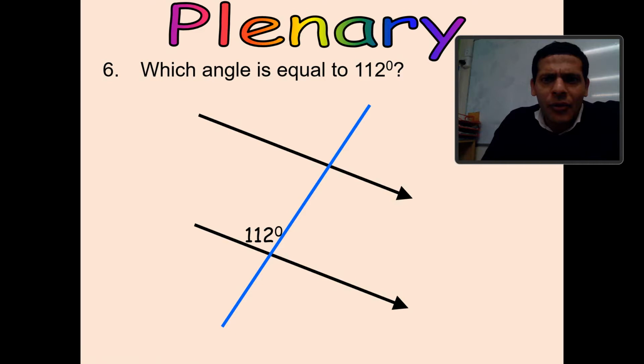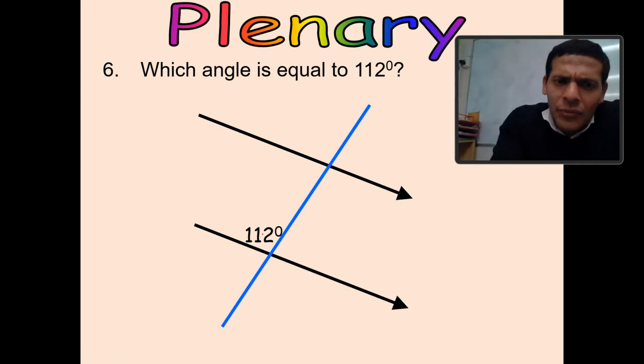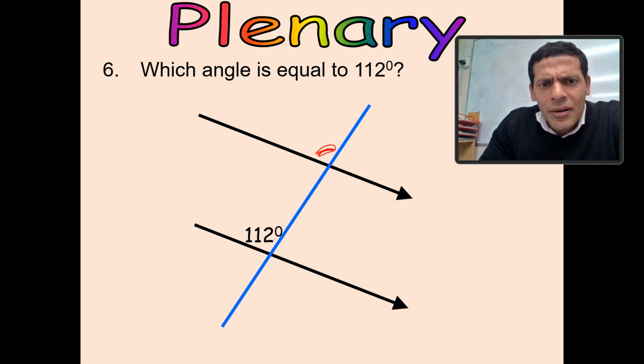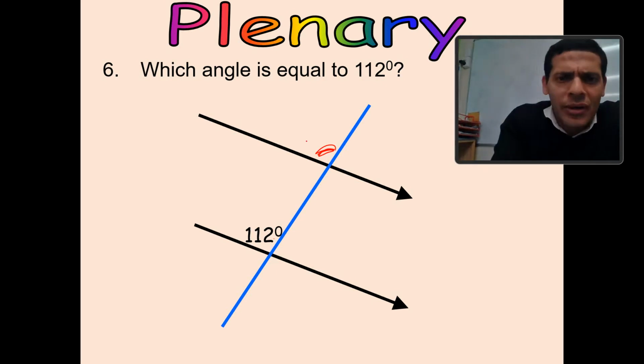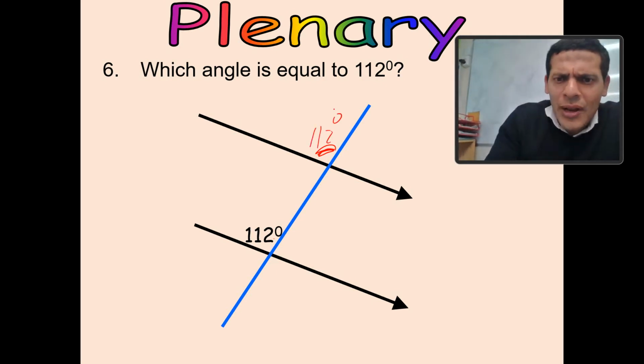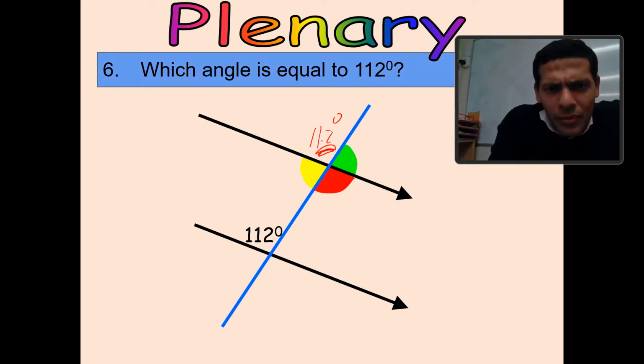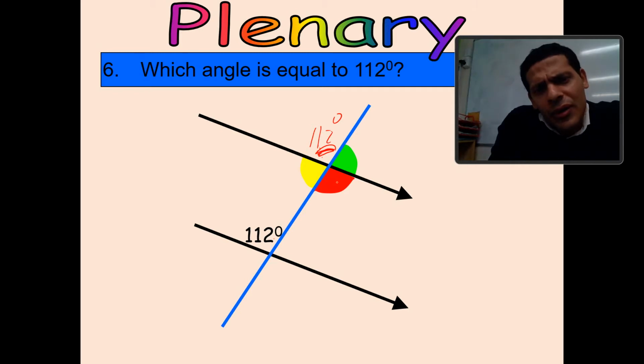Which angle is equal to 112? So this one, because it's an F letter, corresponding, equals 112 as well. And because this angle equals this angle, as they are vertically opposite angles, the red angle here is 112 as well.